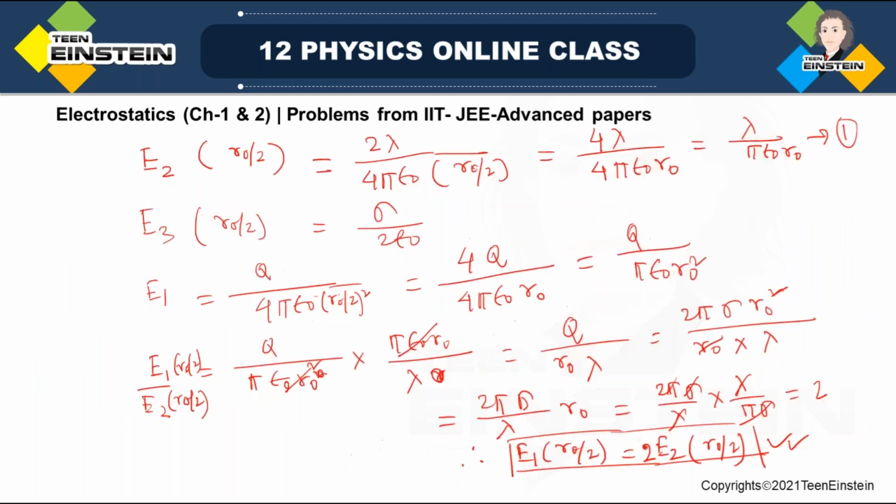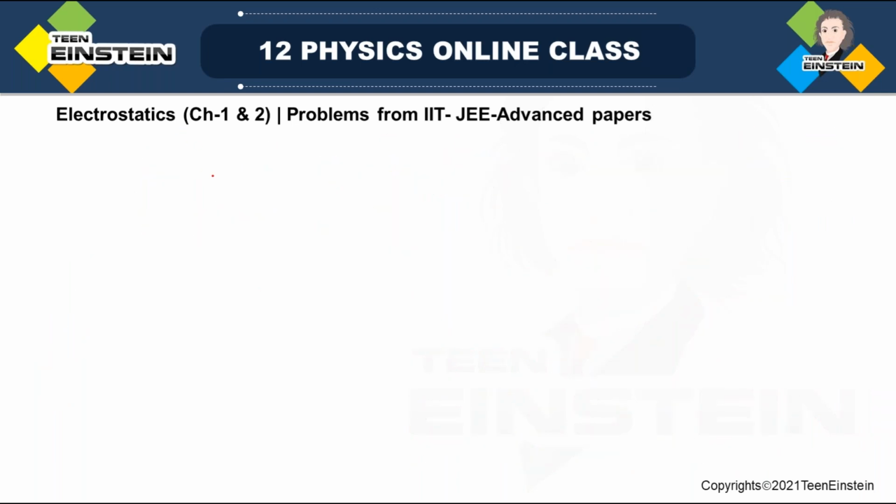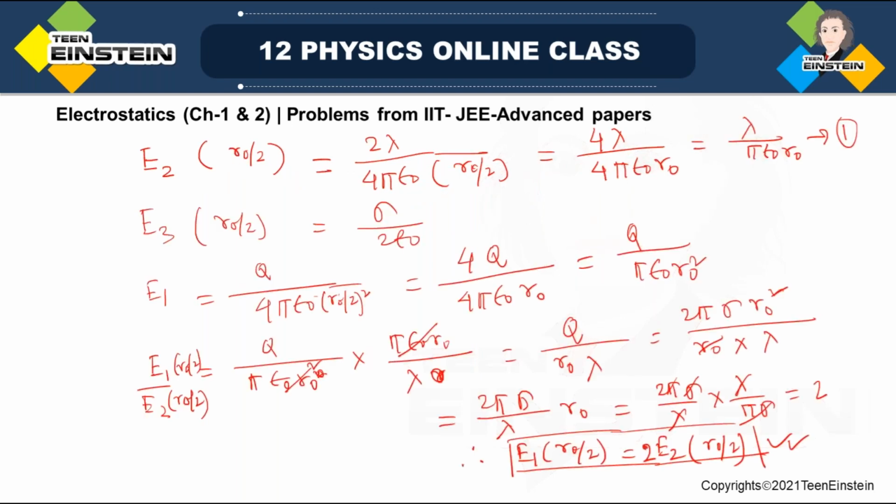E2 at r0 by 2 is 2 lambda by 4 pi epsilon naught times r0 by 2, so the 4 gets cancelled, and it will be lambda by pi epsilon naught r naught.